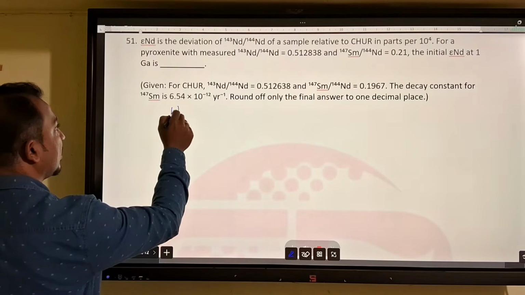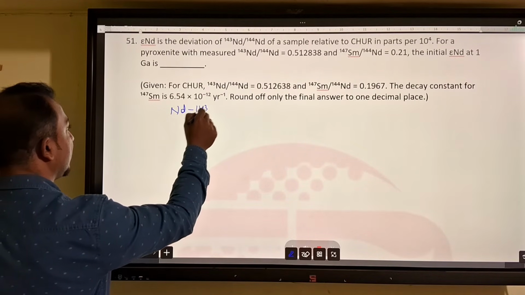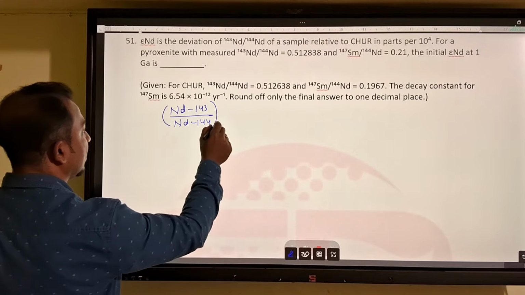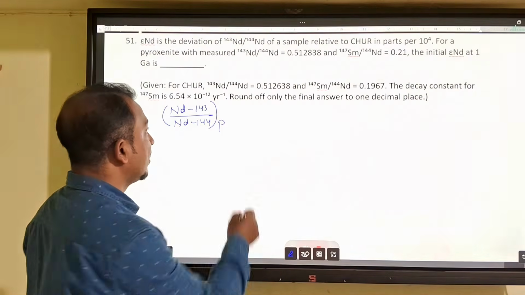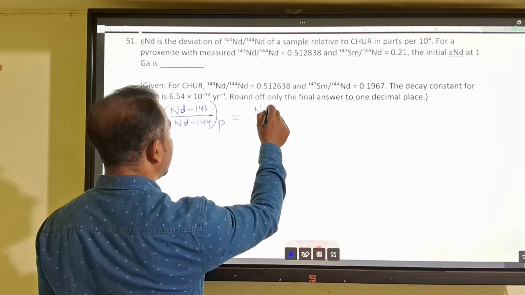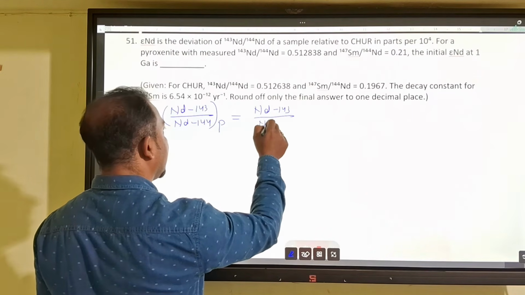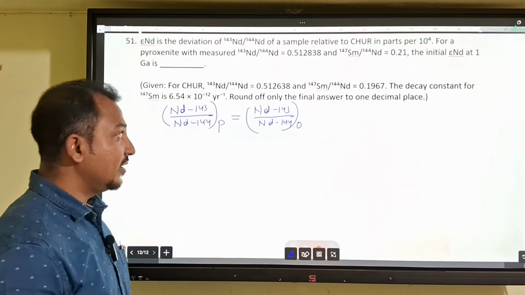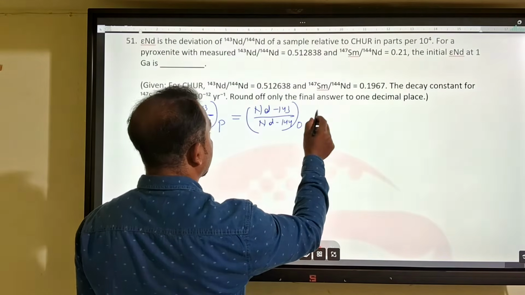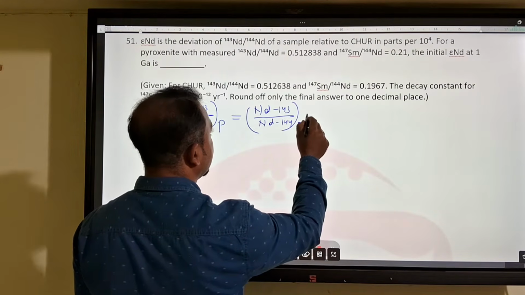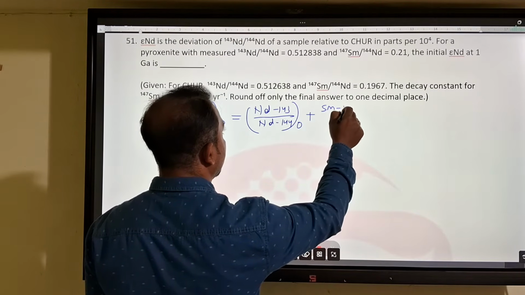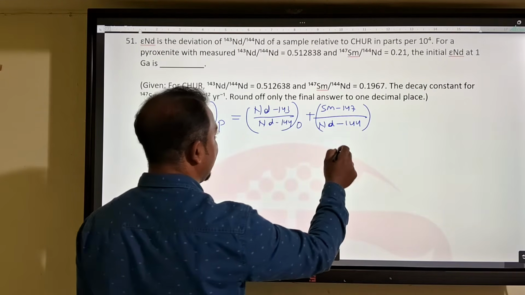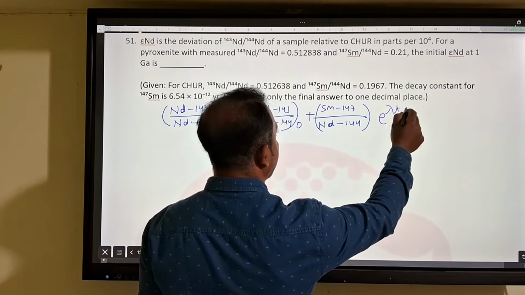Let me recall it: Nd 143 divided by Nd 144 at present age is equal to Nd 143 divided by Nd 144 during initial, or before decay, plus Sm 147 divided by Nd 144, the value of the parent, into e to the power lambda t minus 1.